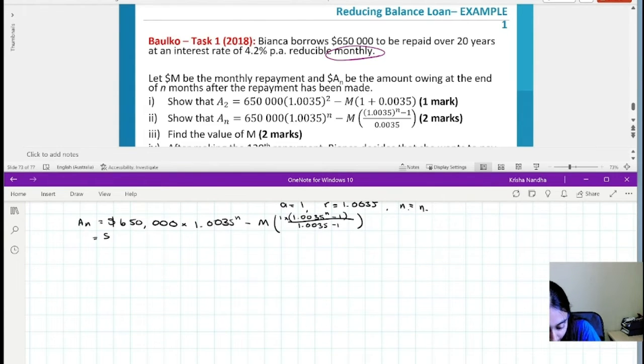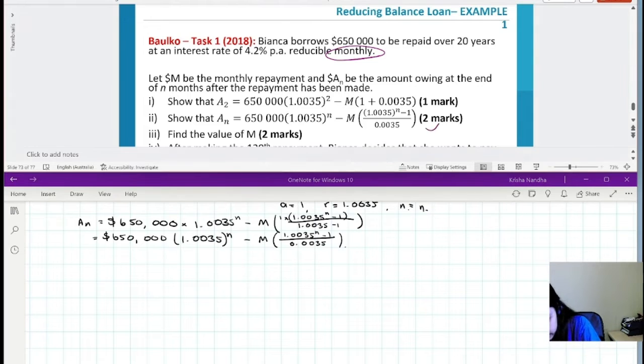And that's going to get me to 650,000 times 1.0035 to the power of n minus m times (1.0035 to the power of n minus 1) on 0.0035. And that leaves me exactly as the question asks for. So I've just proven, or more so shown, that a_n is equal to 650,000 times 1.0035 to the power of n minus m, that fraction.